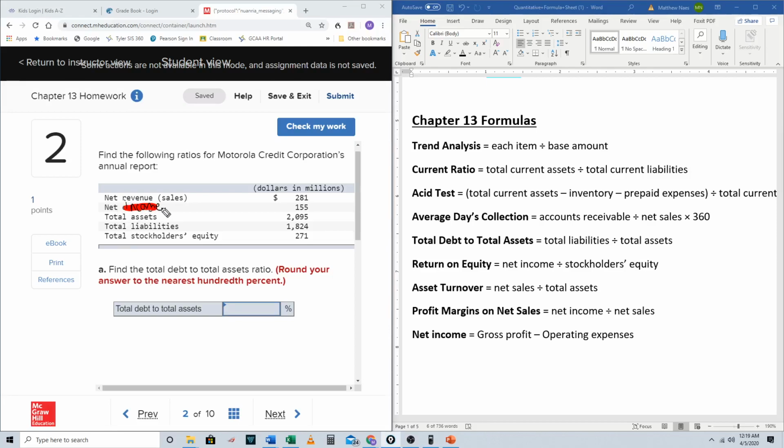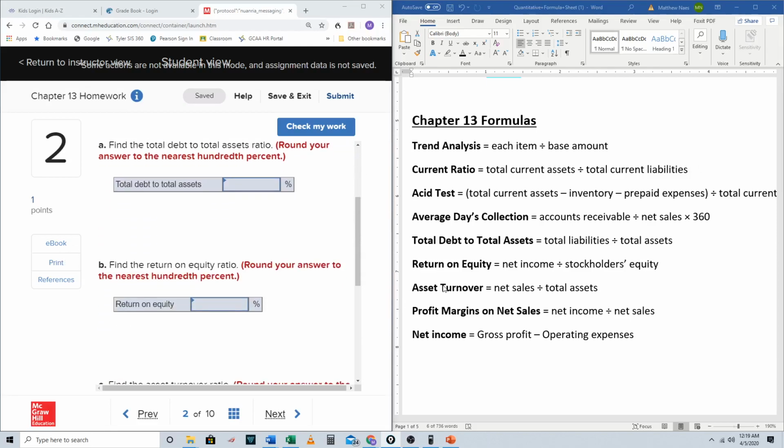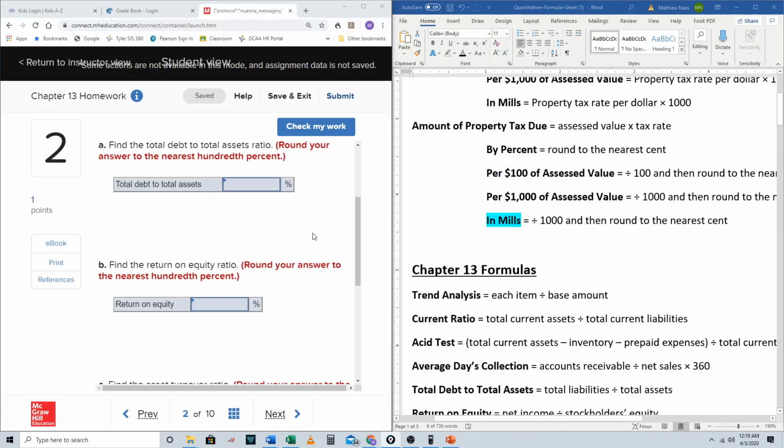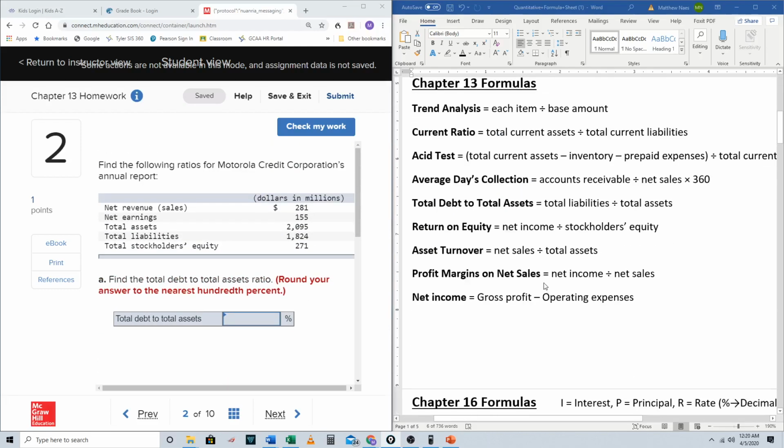Net earnings is net income. Make a note of that. Number 2, net earnings is net income. It says net revenue here. This is net sales because it's going to ask for net sales too. So this is net sales, this is net income. So in this second part, it says return on equity, net income over stockholders' equity. That's net earnings over stockholders' equity. The same thing.